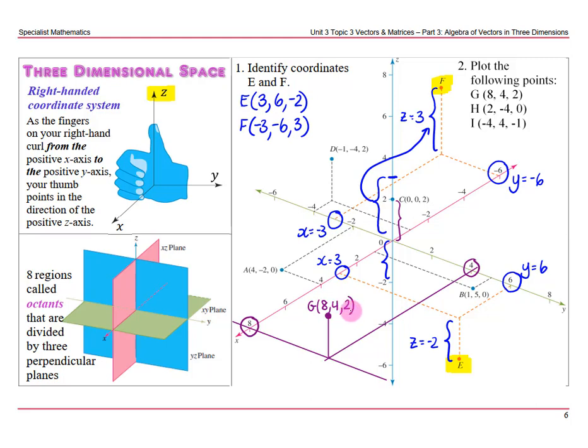Try and do the same thing with point H. So H, X is 2, which is there. My y is -4, and my z is 0.